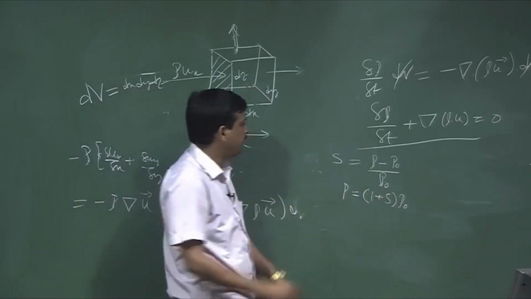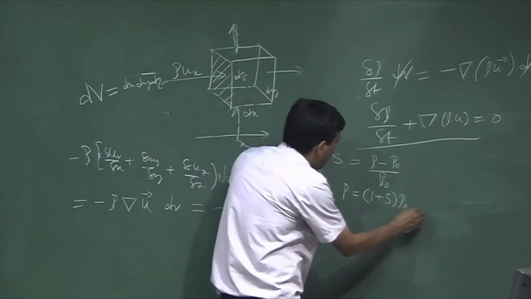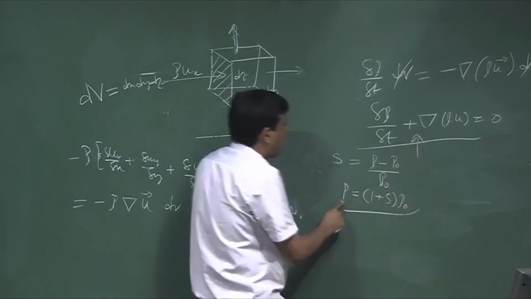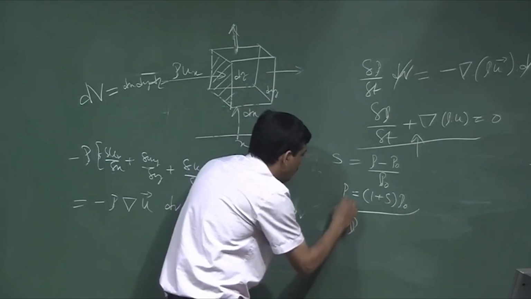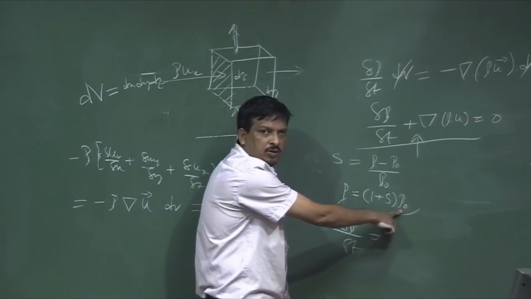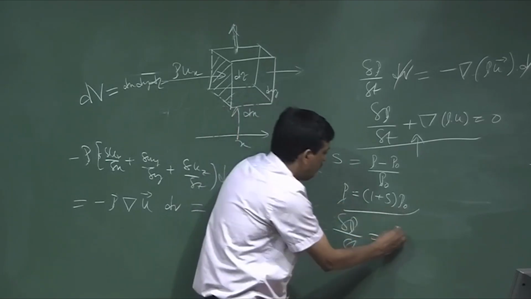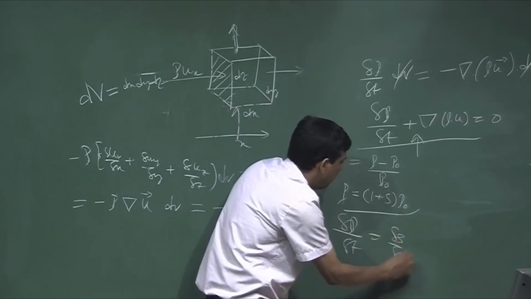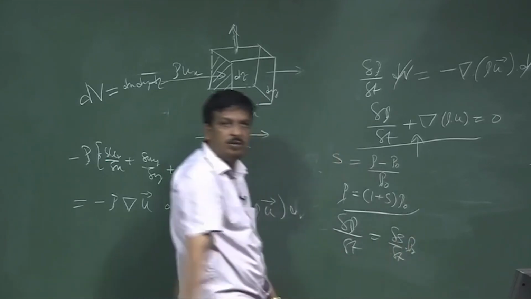Now if I put this in the equation and take the derivative, del rho by del t: rho 0 is constant, so its differentiation will be 0, leaving del S by del t into rho 0.